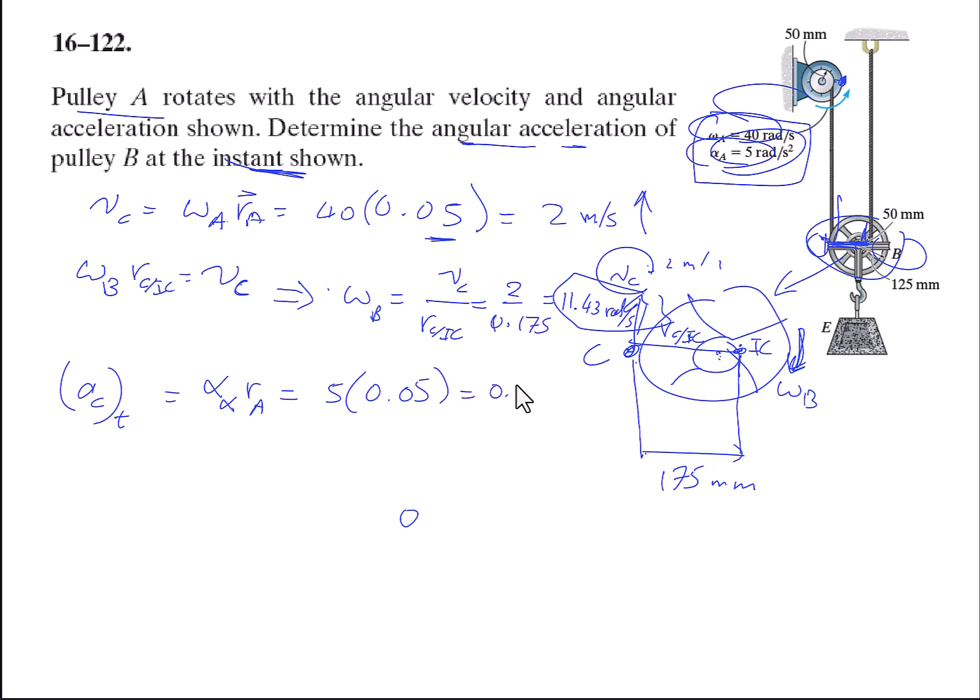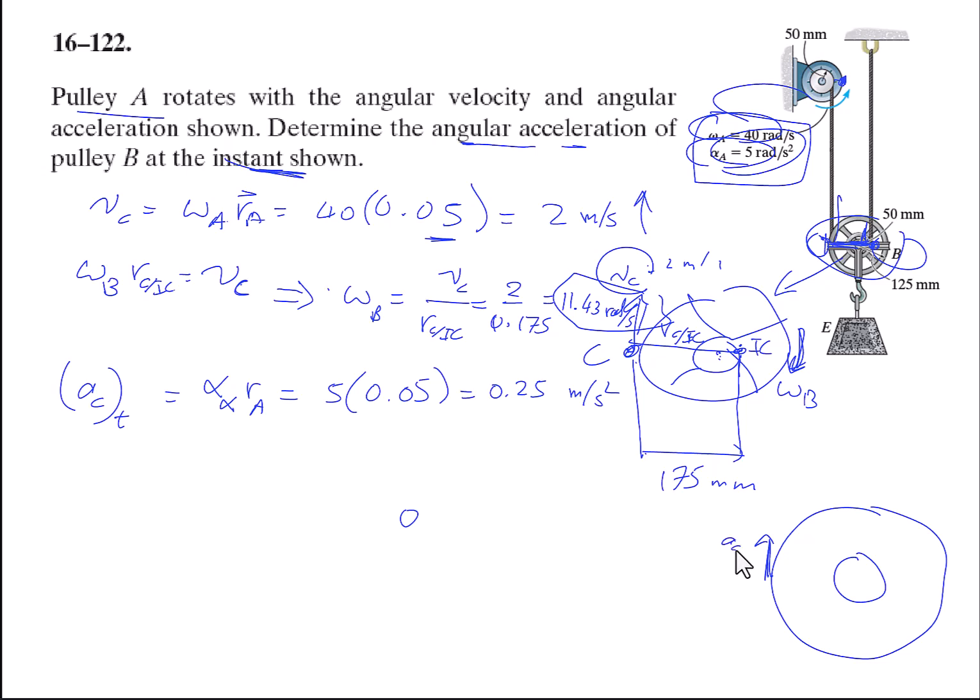This will give 0.25 meters per second squared. Also, we have to use the relative acceleration of points C and D, this guy, let's call it D. So I have inside and outside components. So this is the acceleration we just computed.